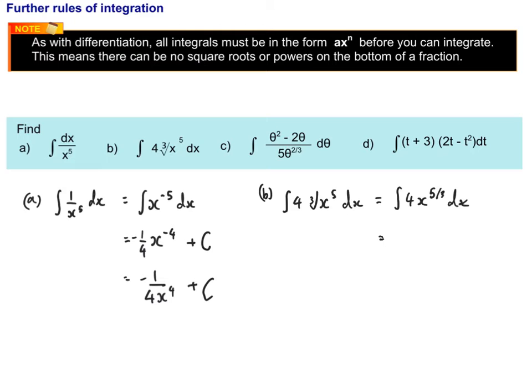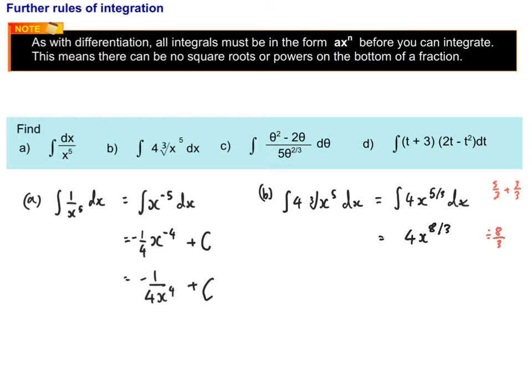I'm going to integrate that with respect to x. Coefficient of 4, that doesn't change what I'm doing. I'm dealing with an x, and I need to increase the power by 1. So I have got 5 thirds, and I'm increasing it by 1 whole, by 3 thirds. So that takes this up to 8 over 3. I now need to divide by this new power.